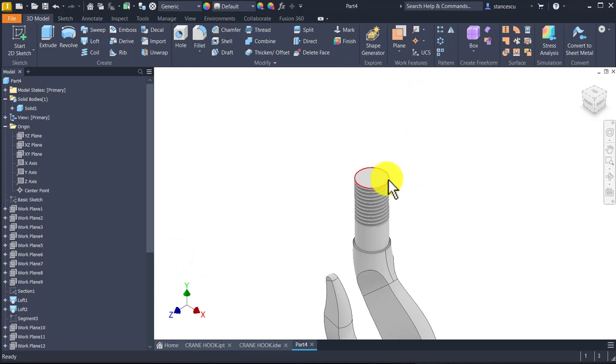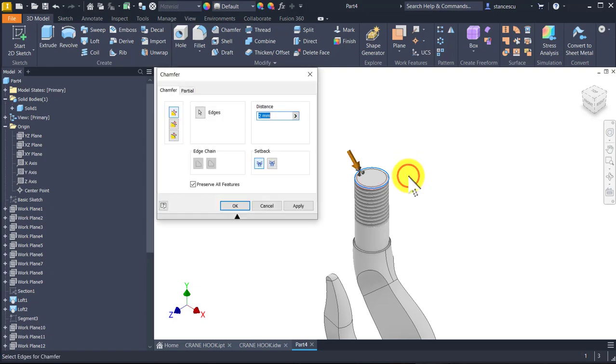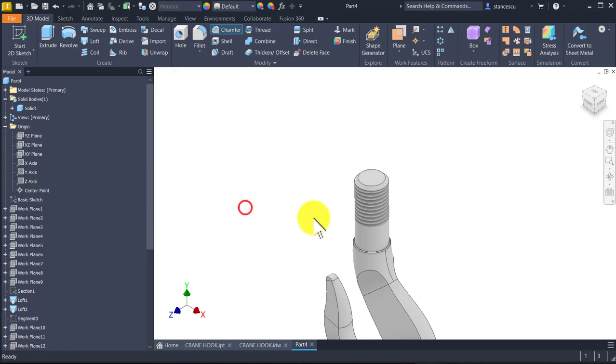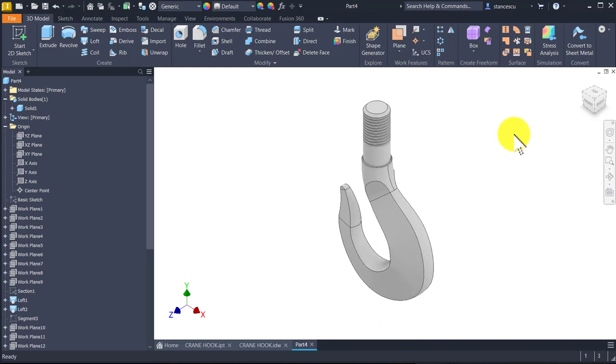And here I apply chamfer, not equal to the pitch, 3 millimeters is enough. Okay, that's all, my friends.